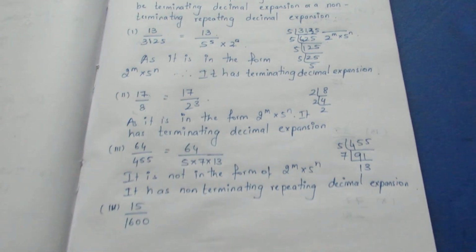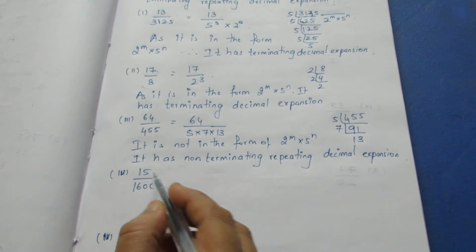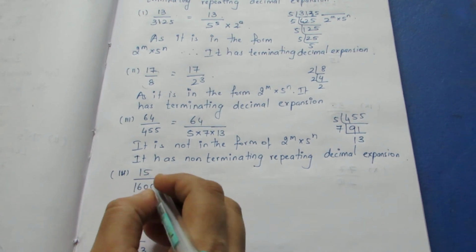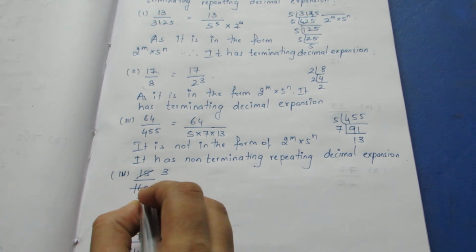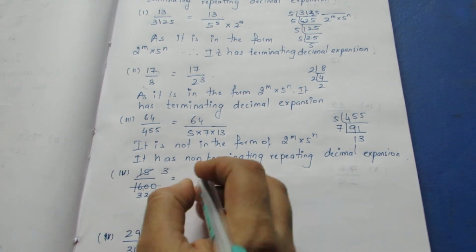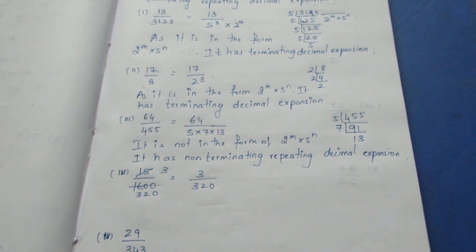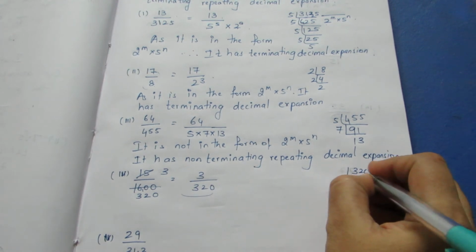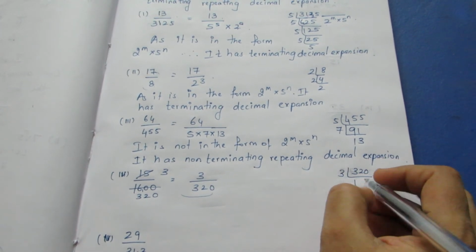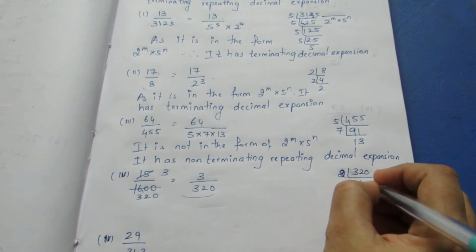Now we'll move on to the fourth sum. We can cancel this further, so we need to cancel it. It goes in 5 tables. 5 threes are 15, 5 twos are 10, 0. Since we can't cancel it further, I am writing this as 3 by 320. Now factorize 320. This goes in 2 tables. 2 ones are 2, 2 sixes are 12.